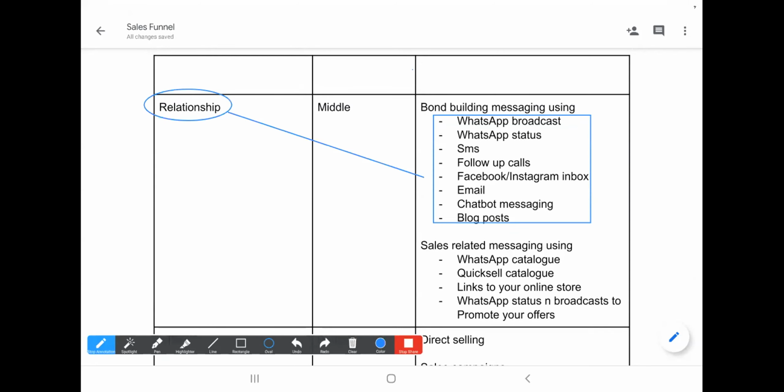When it comes to building relationships with your audience, with your target audience, these are tools. All of these are examples of ways to build bond.